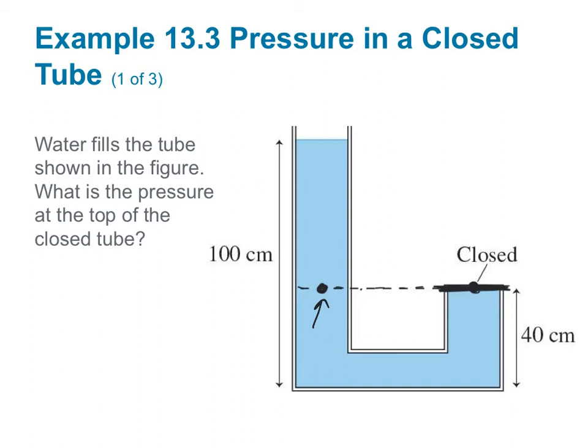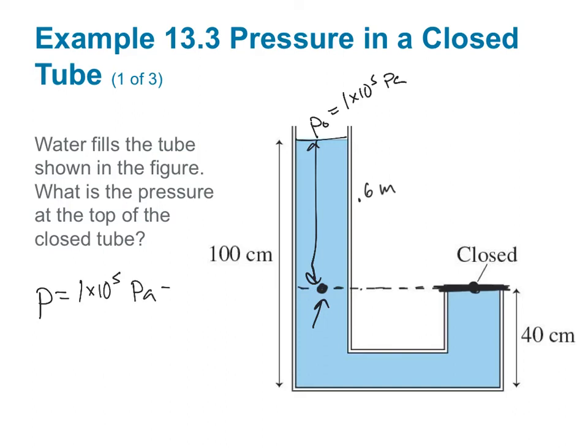We know this is air, so it's got a P naught of 1 atm, which is 1 times 10 to the 5th pascals, right there at the top here. And we know that this depth is 100 centimeters minus 40 centimeters, which is 60 centimeters or 0.6 meters. And it's very easy to find the pressure at that depth. You just say pressure equals the P naught, 1 times 10 to the 5th pascals, plus rho, which is the density of water.